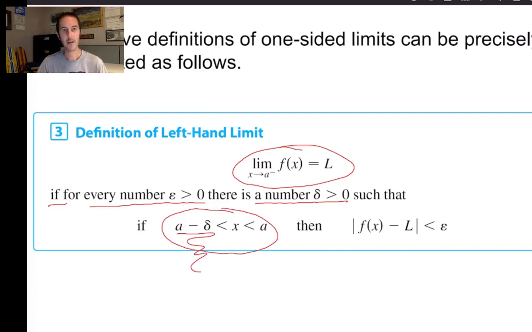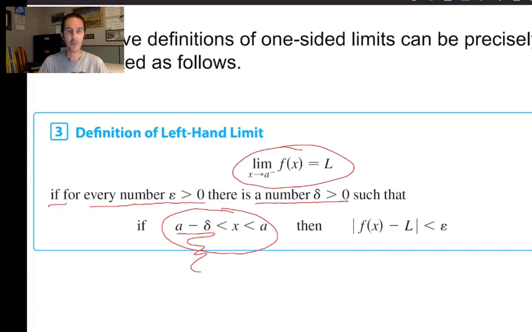So we've got that a value, which is what our limit is approaching as x approaches a from the left. How far from the left would it be acceptable for us to approach from? The answer to that question is going to be delta. And why are we choosing a particular delta value?